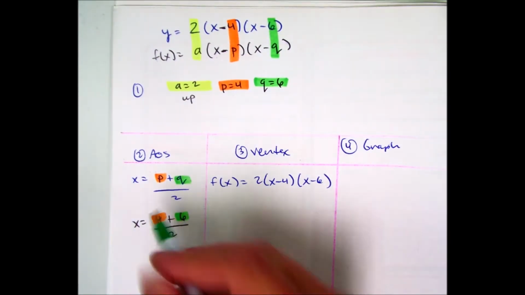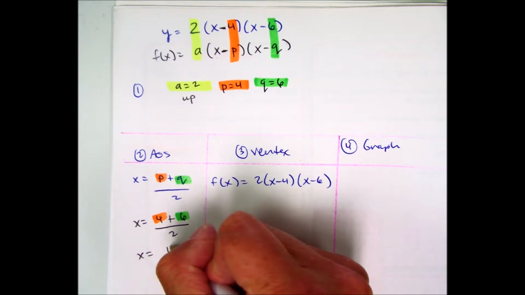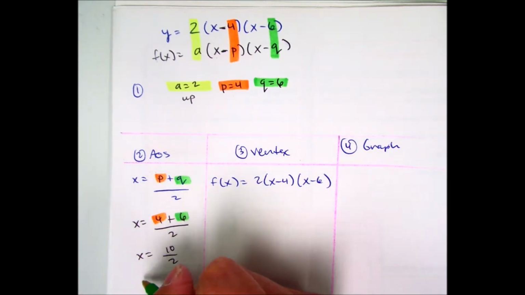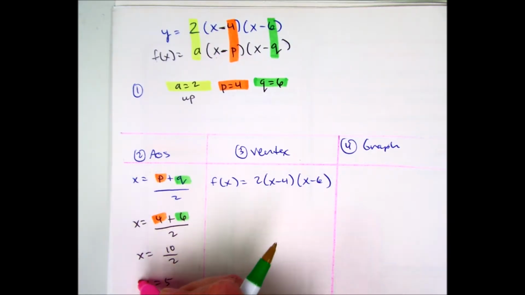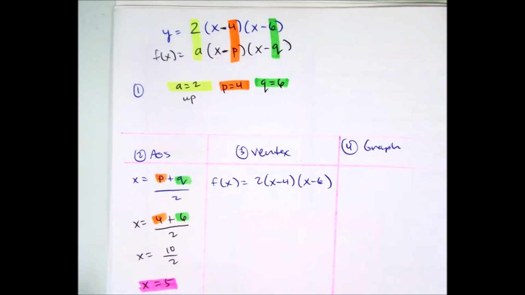So 4 plus 6 is how much, class? 10. And 10 divided by 2 is 5. My x value is 5. That's going to be the vertical line that folds our parabola in half.